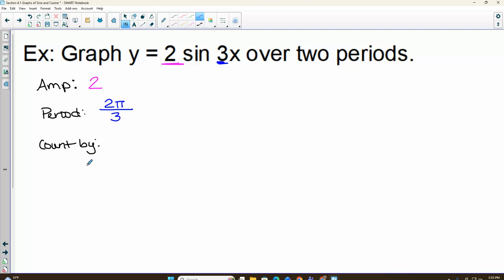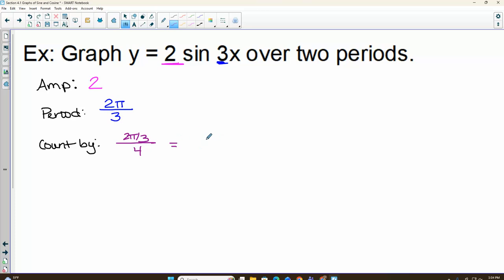So our count by. These are the nice points we need so that we hit our high point, 0, our low point. So those points on the x-axis. To find them, think of it as the period. Let's switch my color. We'll always take what we get for our period, and we will divide it by 4 for the 4 quadrants, because our standard points are based off the quadrants. So we'll take the length of the graph divided by 4.